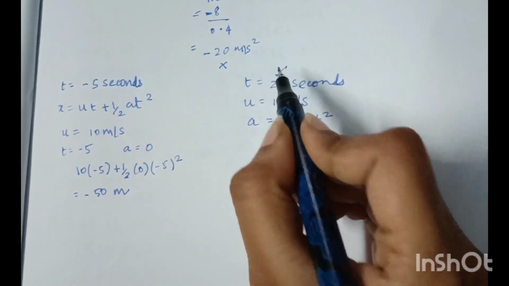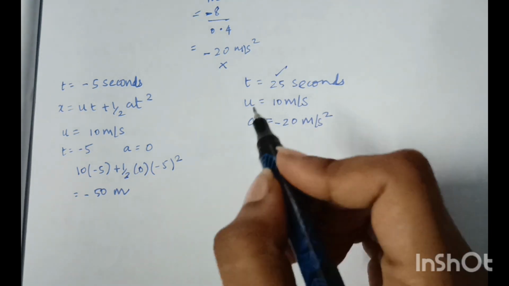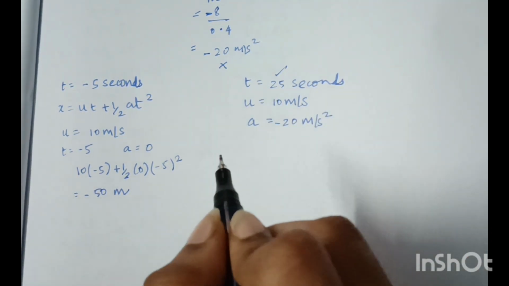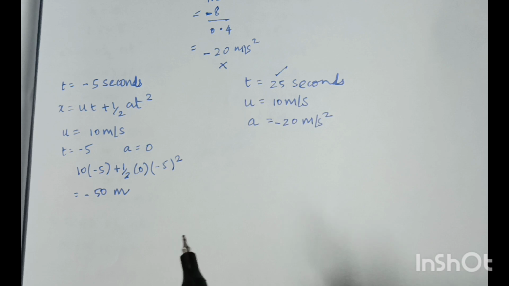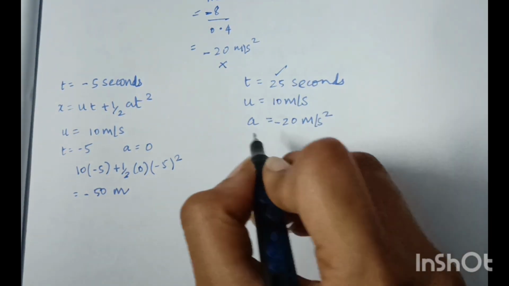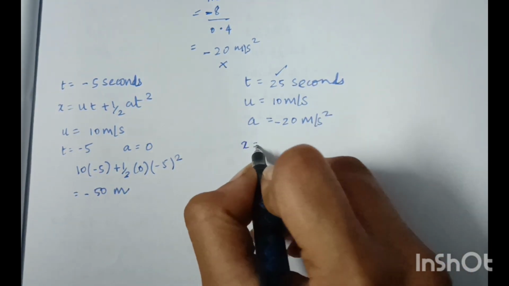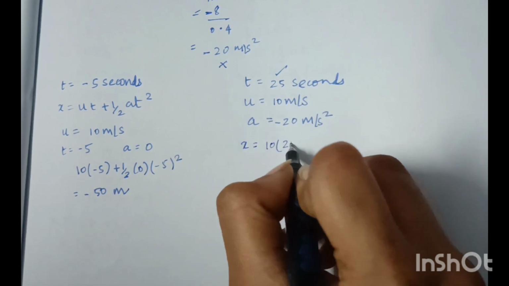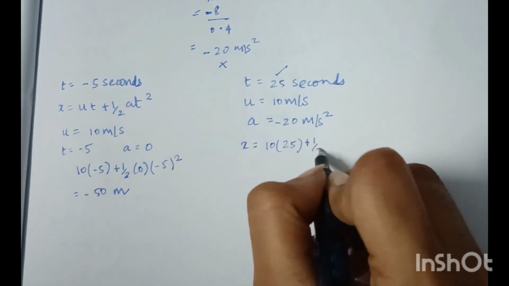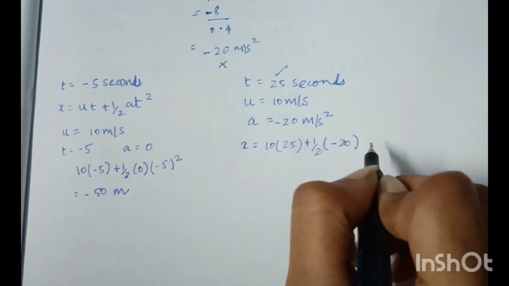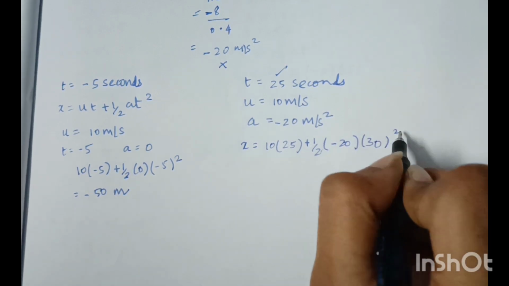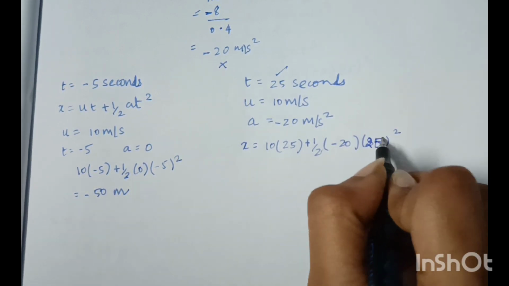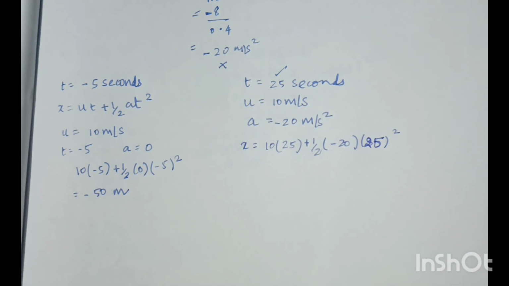So definitely at 25 seconds there will be acceleration, and that is minus 20 meter per second square, which we have already found. Now we can substitute in the formula: x equals ut plus half minus 20 t square, 25 square.